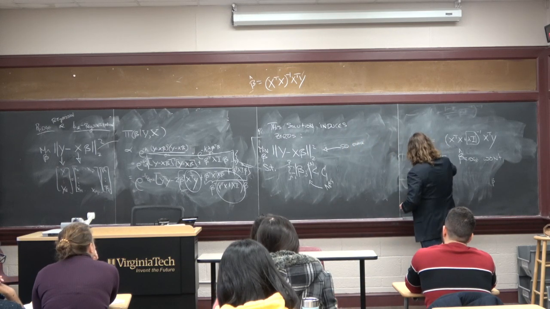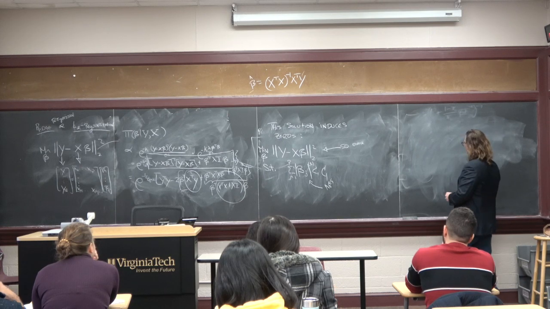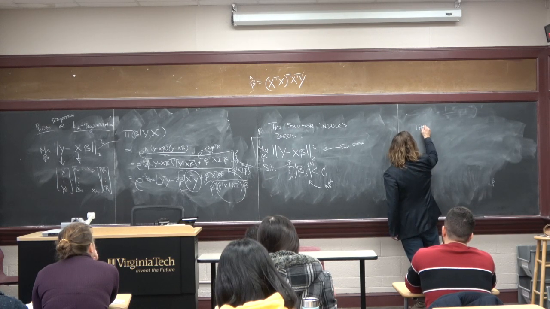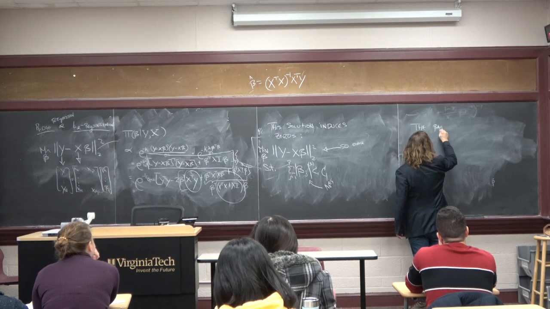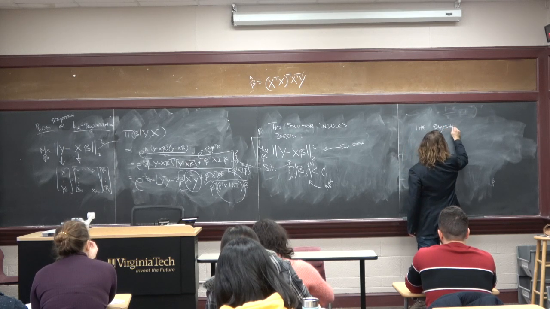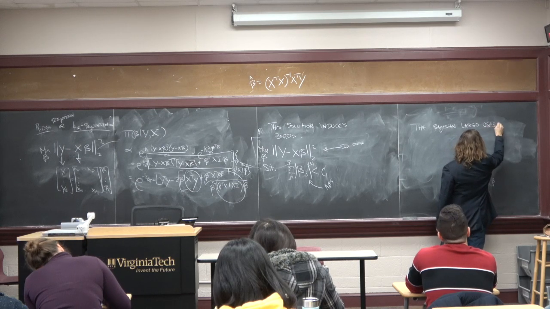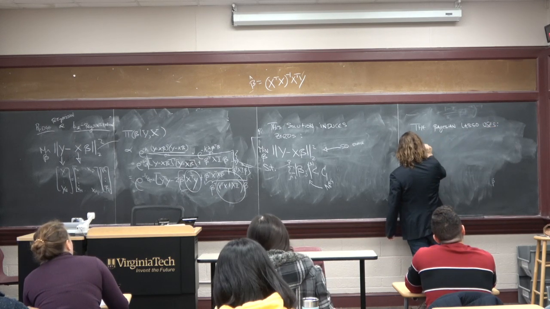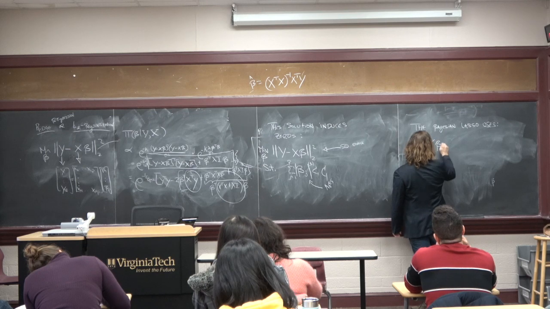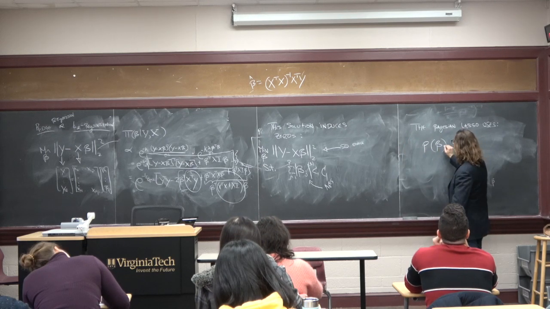Here's the Bayesian corresponding solution. The Bayesian lasso uses P of beta. I'll just write it down like this.